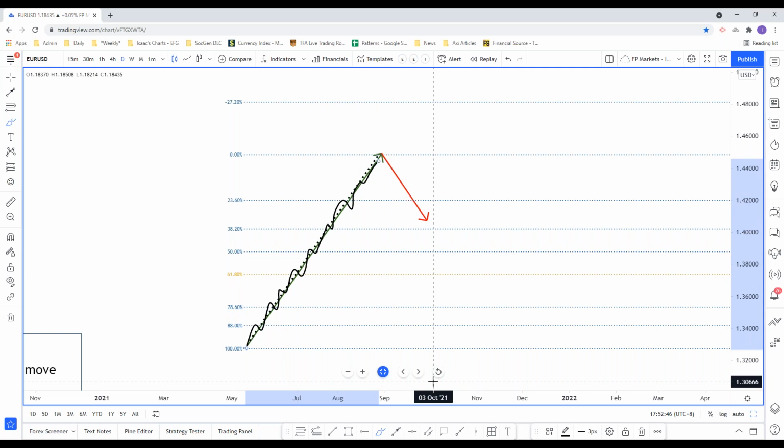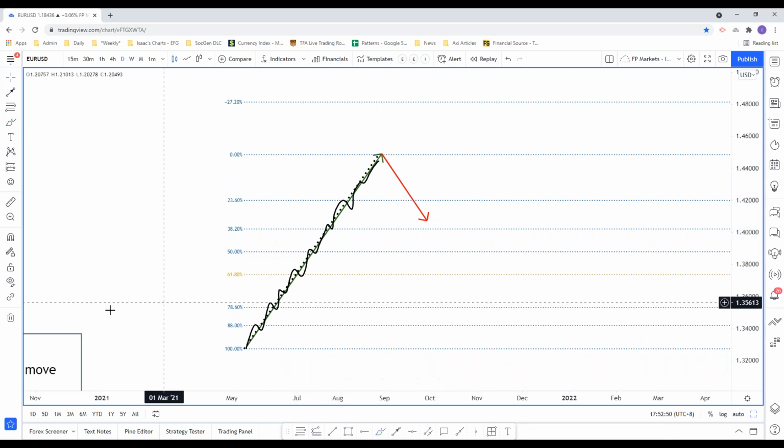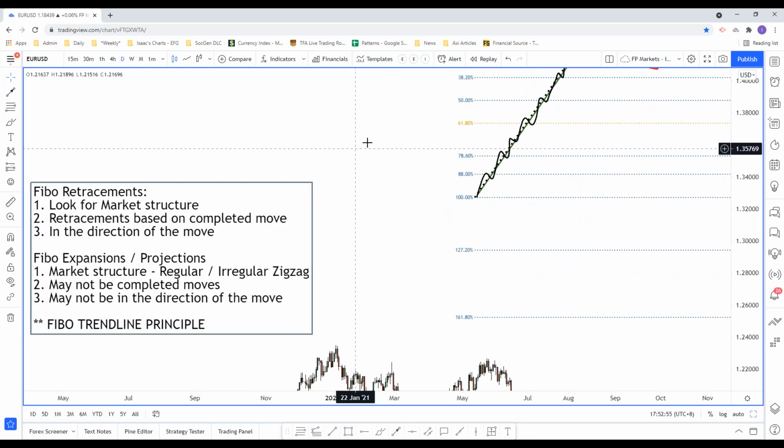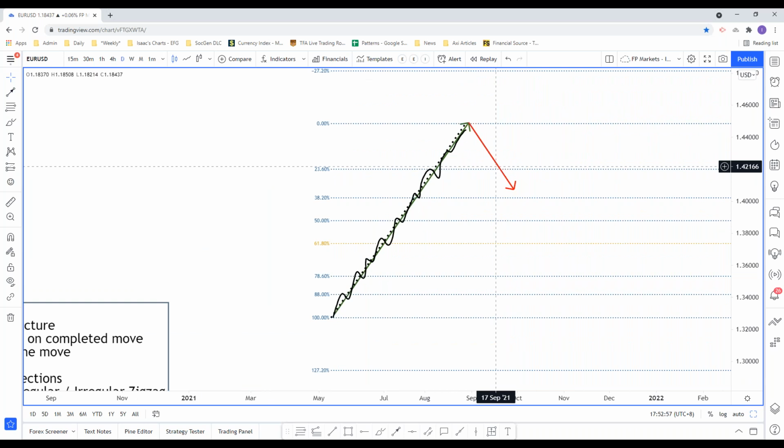In an ideal world, this would be a perfect Fibonacci retracement, because it fulfills all the rules of the Fibonacci retracement, the 3 points, and it also fulfills the final point, which is the Fibonacci trendline principle.